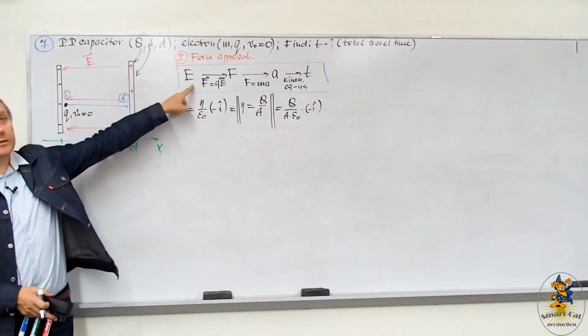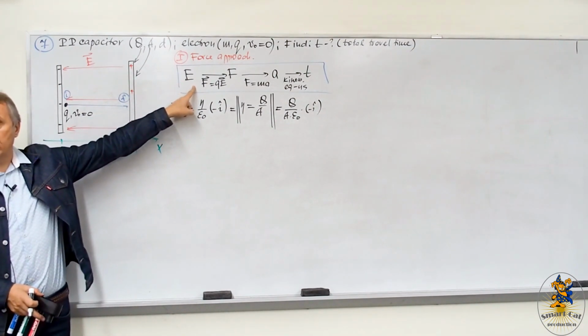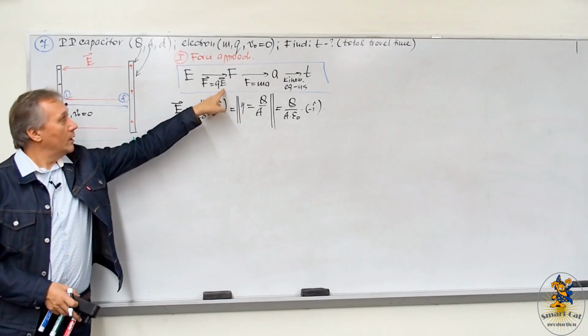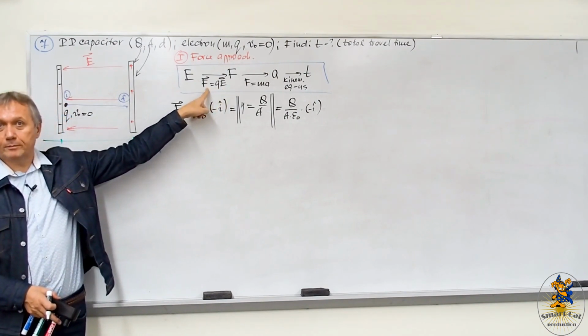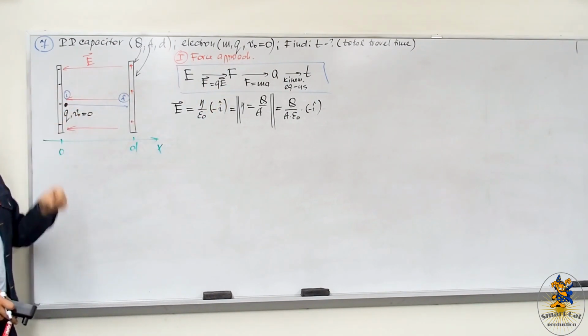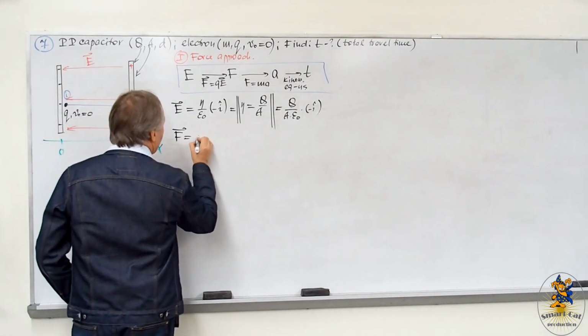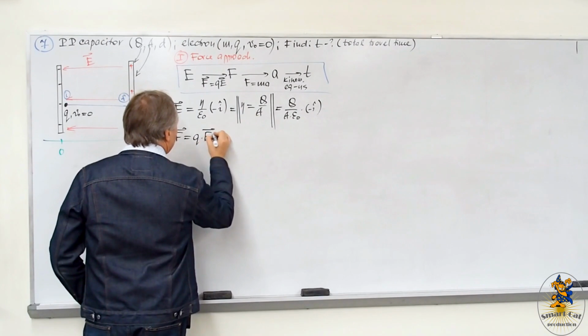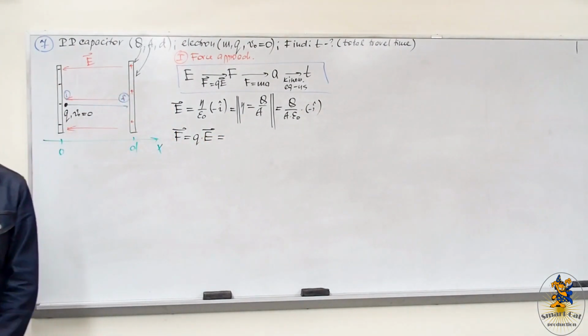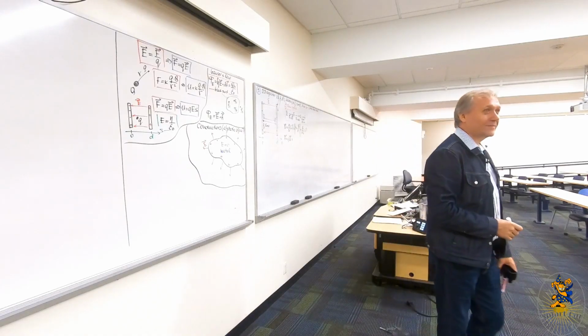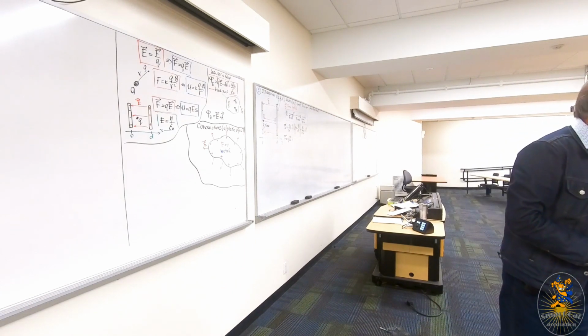So we started moving through our skeleton. Next step, we need to write the electric force acting on this electron. So F equals q times E. The electron is negatively charged.